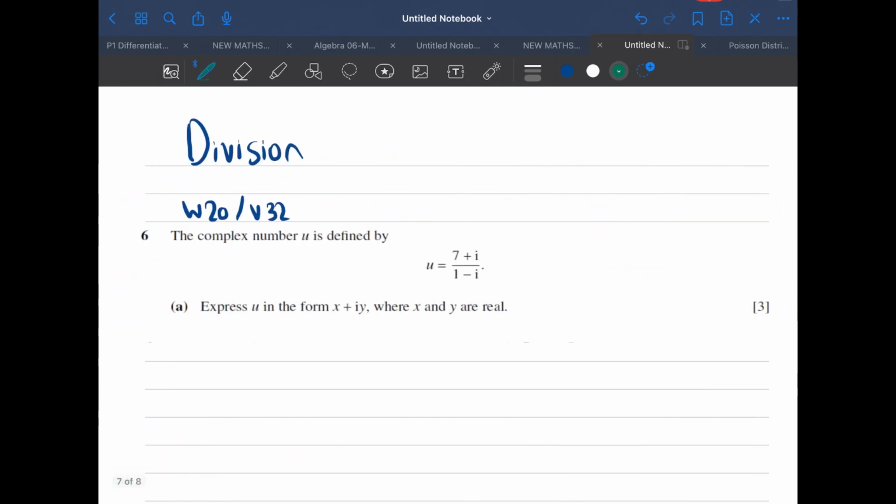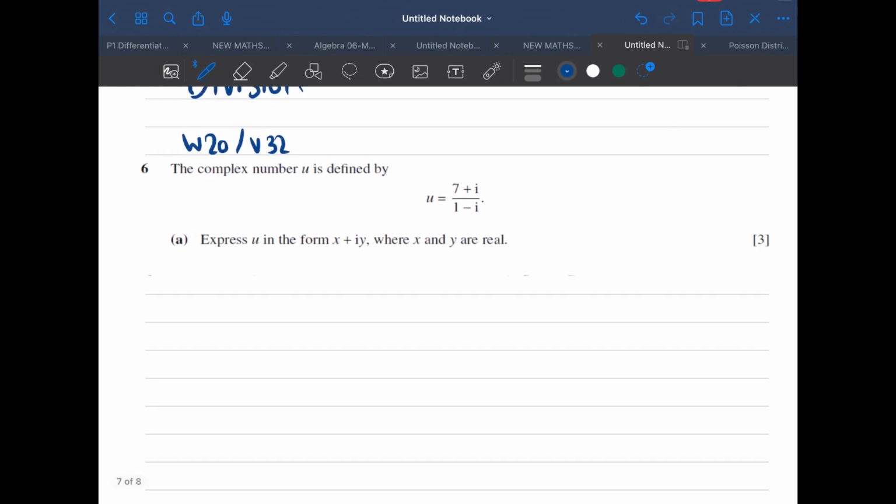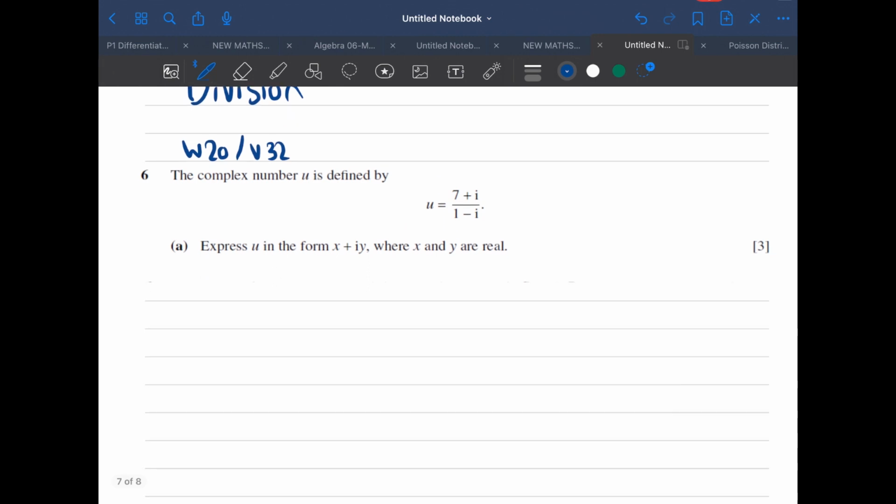Let's move to the division part of section 1. So now, in the division part, we need to multiply by a conjugate. So the rule is that complex number can't come in a denominator.